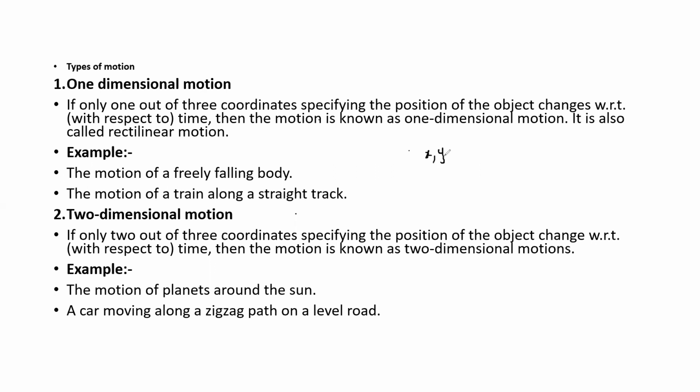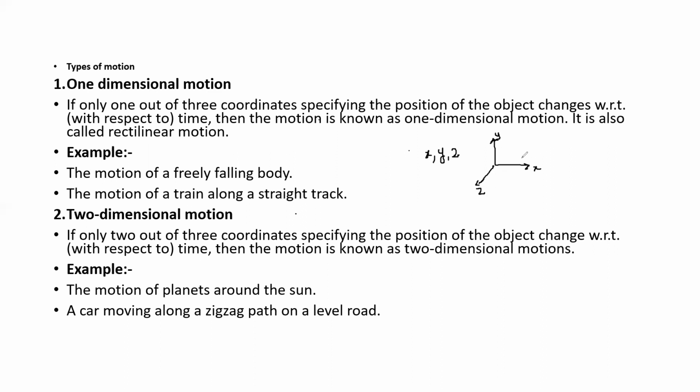The Cartesian coordinate system has the coordinates x, y, z, and all three coordinates are perpendicular to each other like this. So what is one-dimensional motion? If only one out of three coordinates specifying the position of the object changes with respect to time, then the motion is said to be one-dimensional.